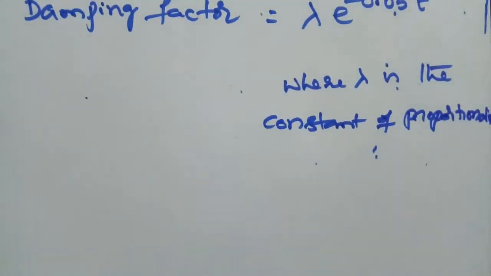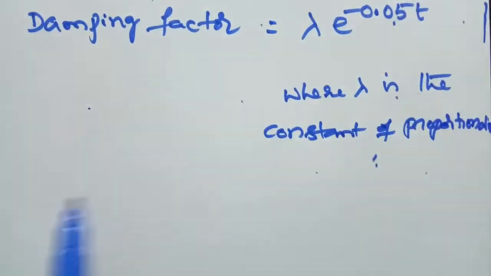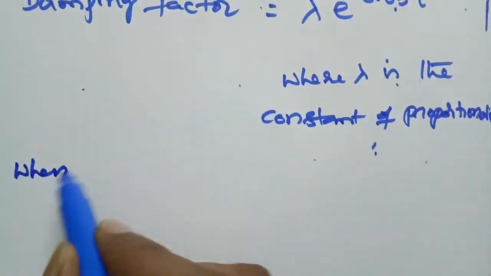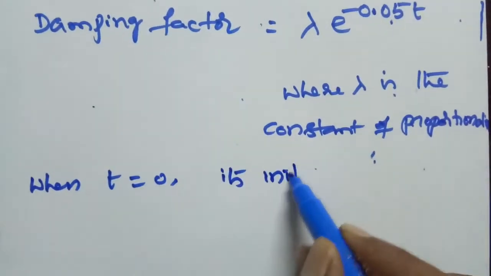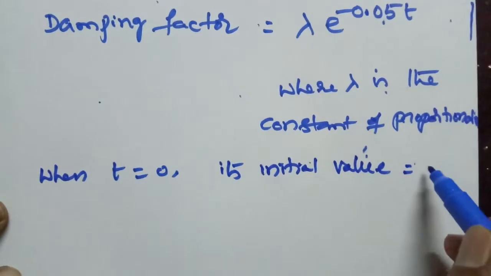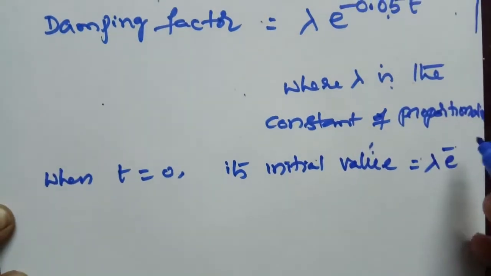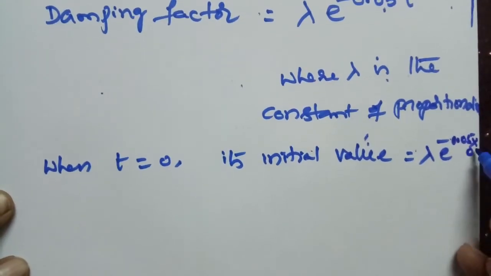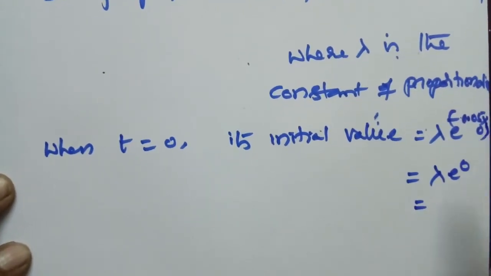Therefore, we have to calculate time when the damping factor is equal to 1 by 10 of its initial value. First, we have to find the initial value of the damping factor. When t equal to 0, its initial value is equal to lambda into e power minus 0.05 into 0, that means lambda into e power 0, that is equal to lambda.